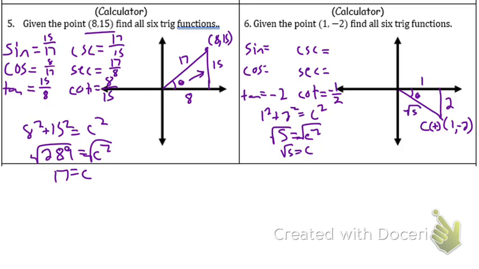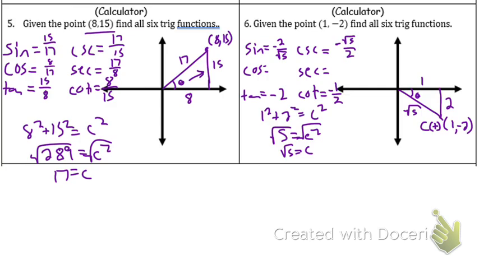Sine is opposite over hypotenuse, and we also know that sine is negative in quadrant 4, so that's going to be -2 over square root of 5, which would mean the cosecant is negative square root of 5 over 2.